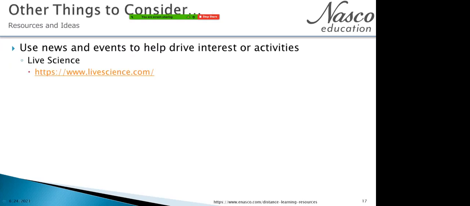Other things I think you can consider too: some news and events, Live Science. Around environmental topics, it engages with actual real articles, real events in real time. This does a really good job. So if you want to see what's current in science, Live Science, I would suggest, is a really good resource, with different articles and updates in that realm.